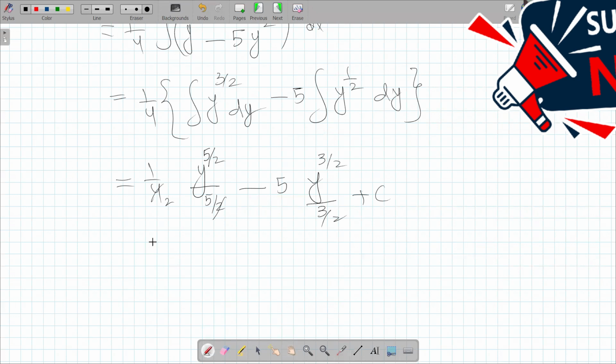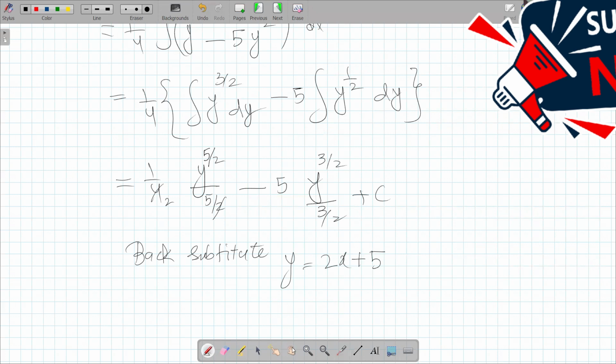We have substituted, and now we have to back substitute, because our original integral contains x only. There was no y. Y was introduced by us. So we need to replace y. Y was equal to 2x plus 5.